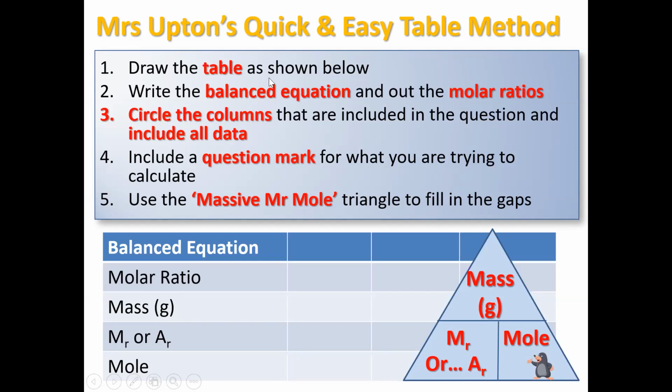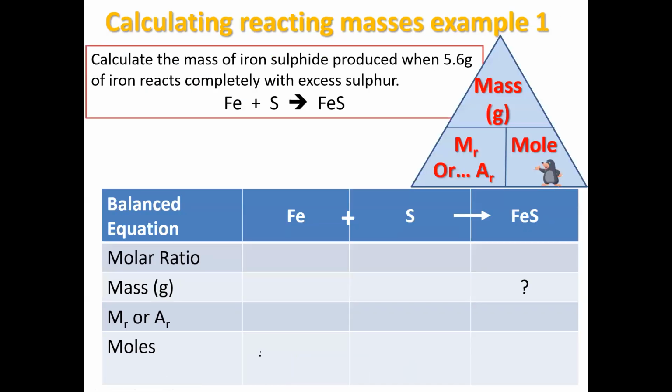Once you've had a go at the 2 examples, you're going to be doing some of your own independently. So this is an example of a question that you could get in your exam. It's a calculating reacting masses example, and we're going to go through a worked example.